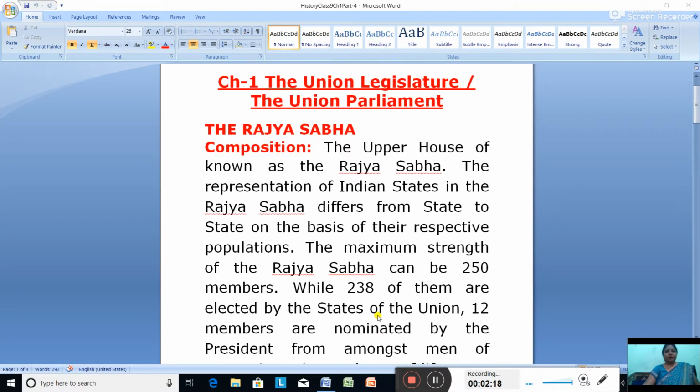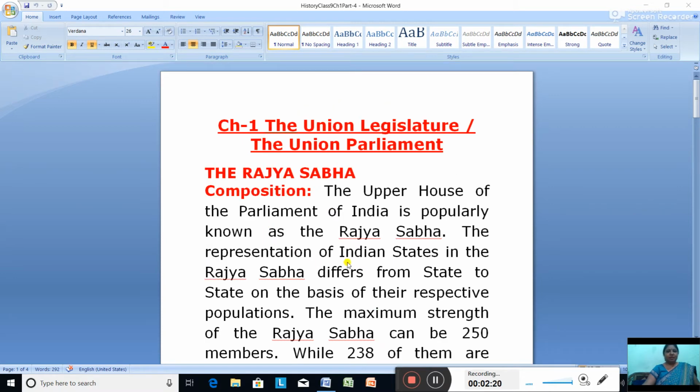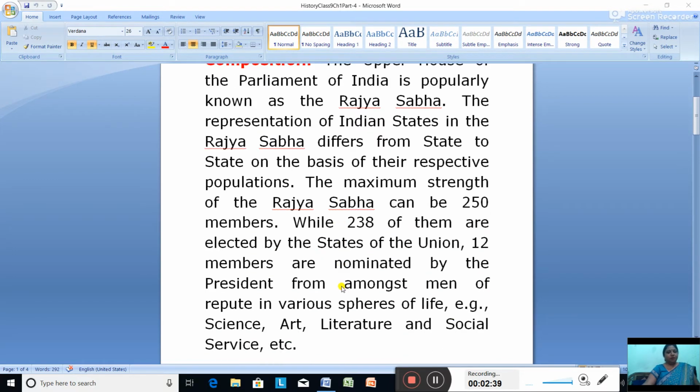And then you will mention that the representation of the Indian states in the Rajya Sabha differs from state to state, means the number of seats in the Rajya Sabha is given to all the states according to their population.